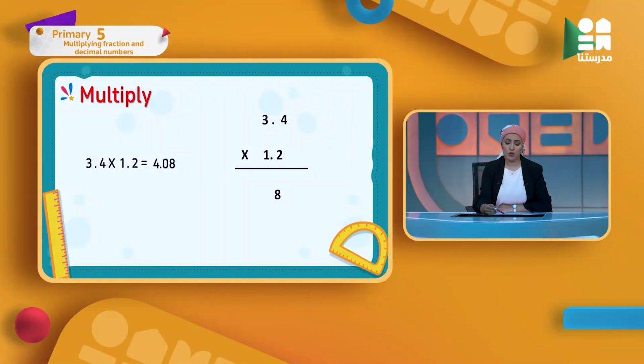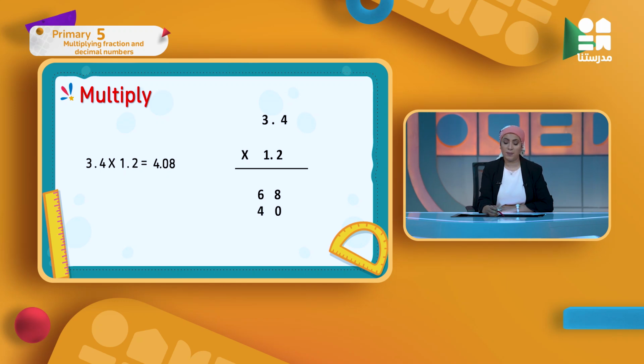So here, 2 times 4 is 8. Then 2 times 3 is 6. I will move now to the 1. As we said before, it's 10 and it's not 1. So I will put a 0 under the 8, and then I will multiply the 1 by the units digit, which is here 4.